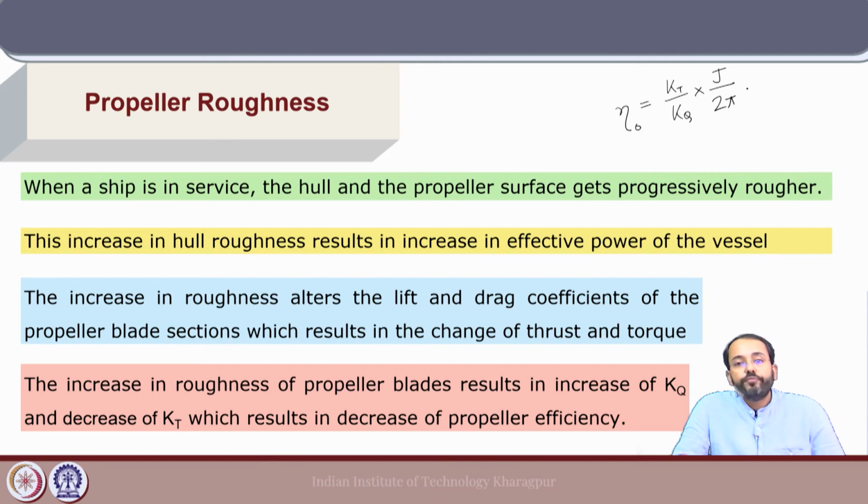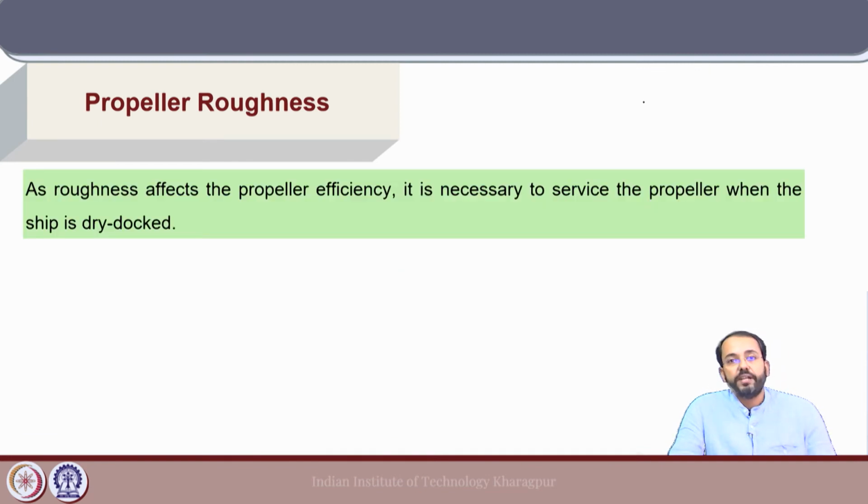So, even if we disregard the effects of the hull propeller interaction, at the same loading condition, if the thrust coefficient Kt decreases and if Kq increases, that will lead to a decrease of the propeller efficiency. So, this needs to be addressed by proper servicing of the ship and the propeller.